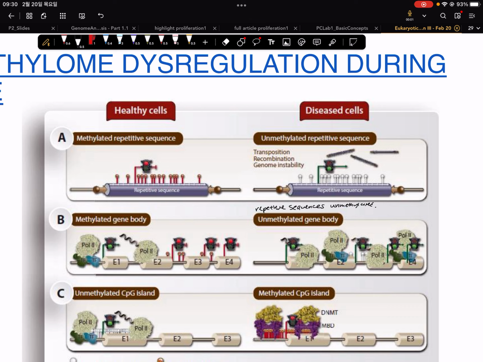And some CpG islands, and this is of course bad for the tumor suppressor gene. If the CpG island of a tumor suppressor gene gets methylated, of course you get tumor formation. And this is happening in oncogenes, this is happening in tumor suppressor genes, typically in tumor cells. So we know those things from the DNA methylation across the genome in healthy versus diseased cells.